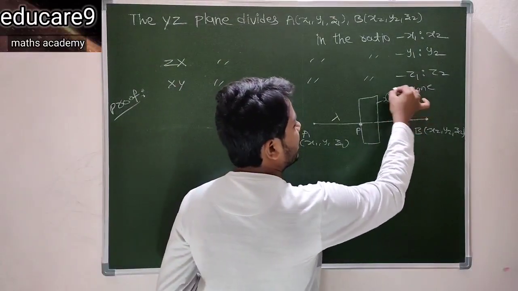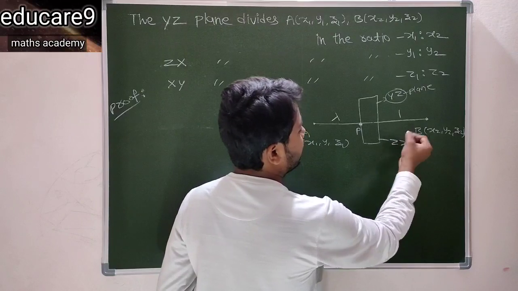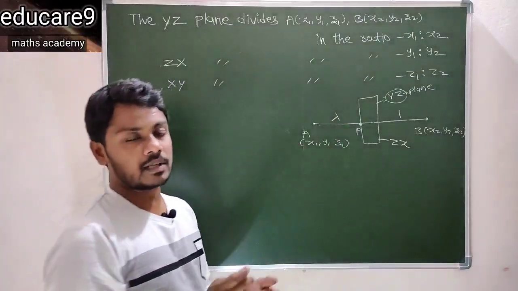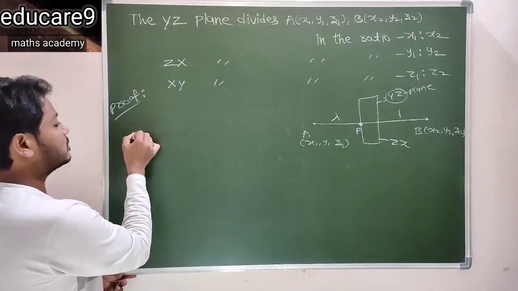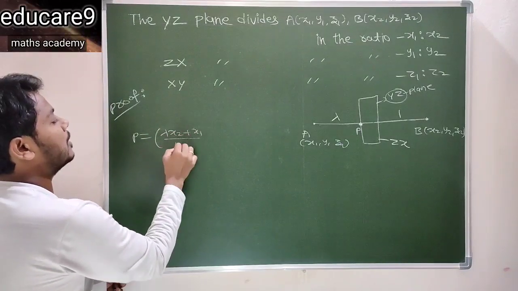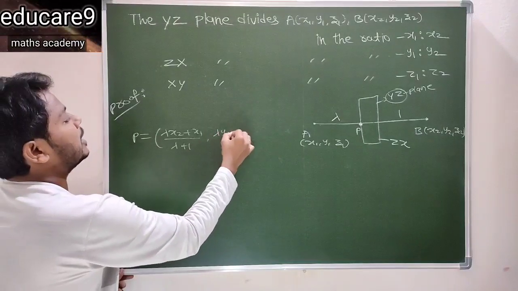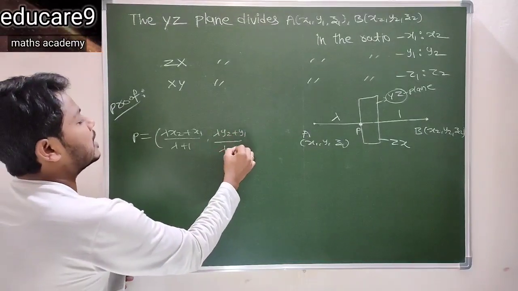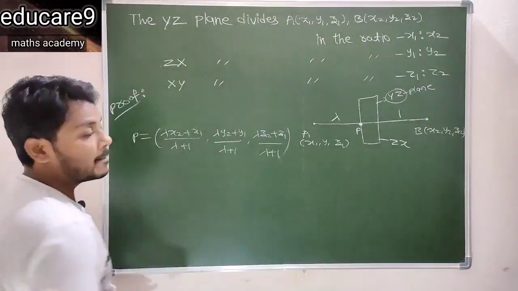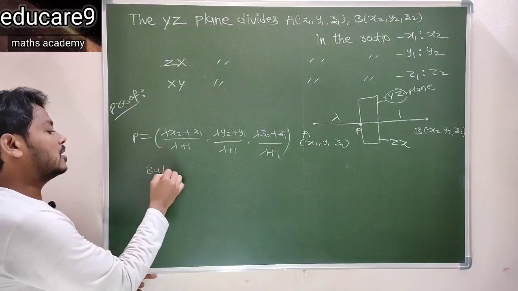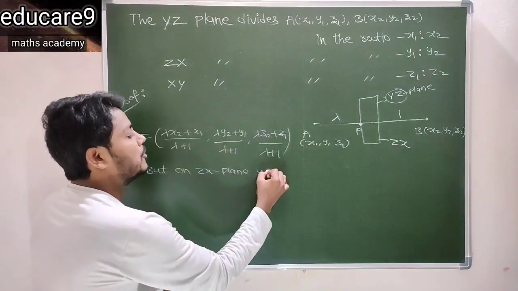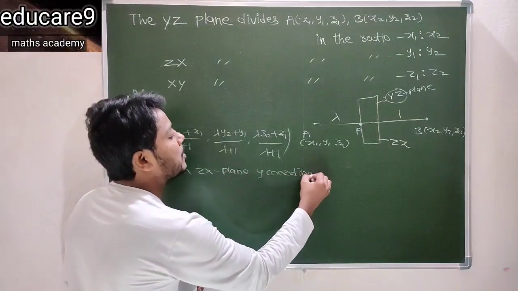Okay, next, the zx plane divides the line segment AB. For example, this plane is the zx plane. Clearly this zx plane divides the line segment AB in the ratio lambda is to 1. So again you will get P equal to (lambda x2 plus x1) by (lambda plus 1), (lambda y2 plus y1) by (lambda plus 1), and (lambda z2 plus z1) by (lambda plus 1). But on the zx plane, the y coordinate of P is 0.